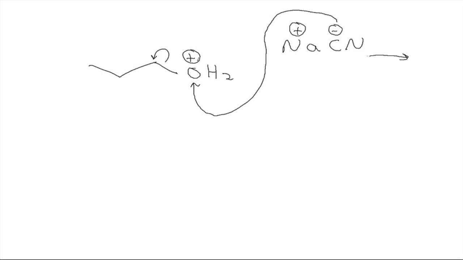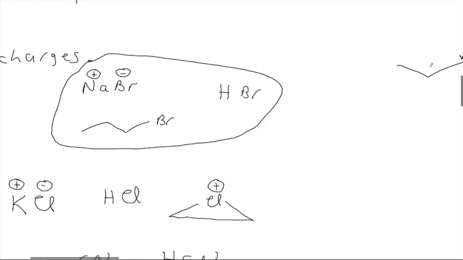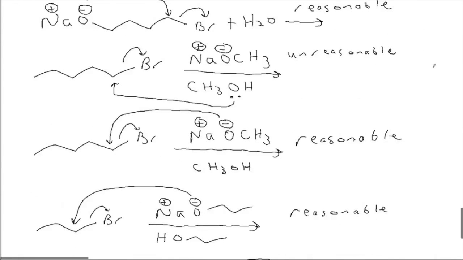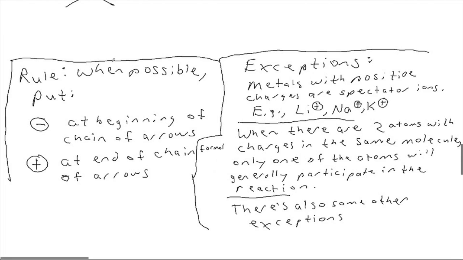So generally speaking, we don't put charges in the middle of the arrows. This is unreasonable, but that's implied by what we said before, though we haven't quite spelled it out before, so you might want to write that down in your notes. That's implied in this rule here. This implies don't put charges in the middle of the arrows.